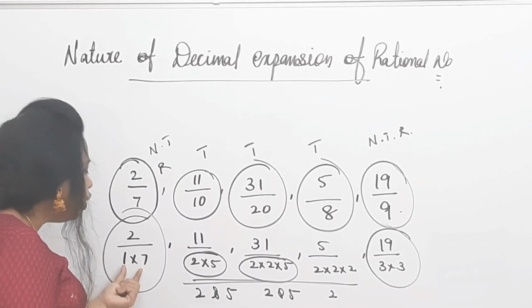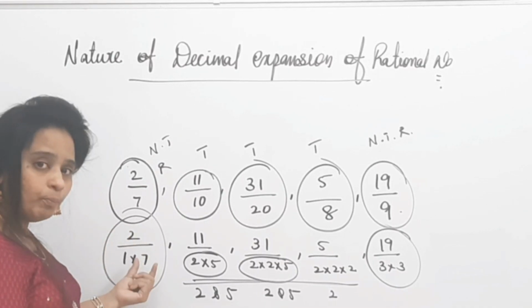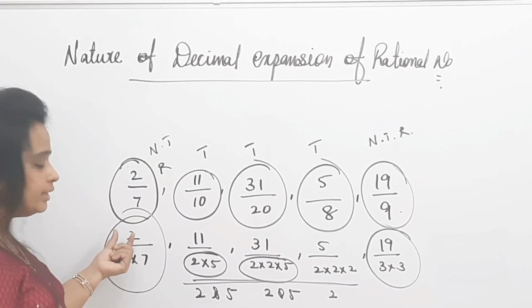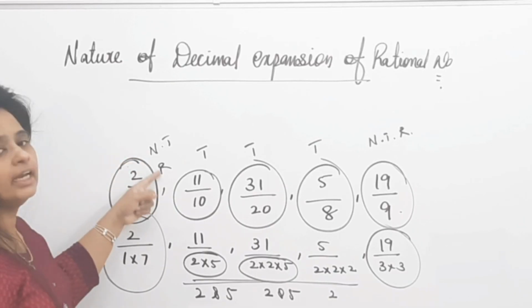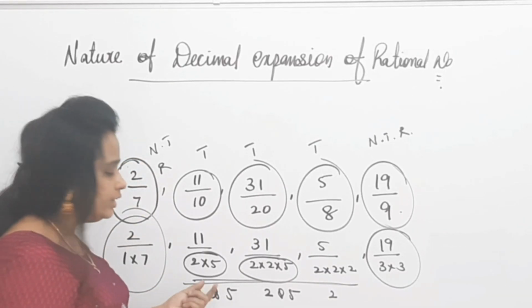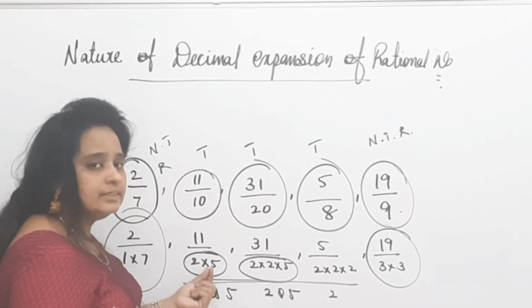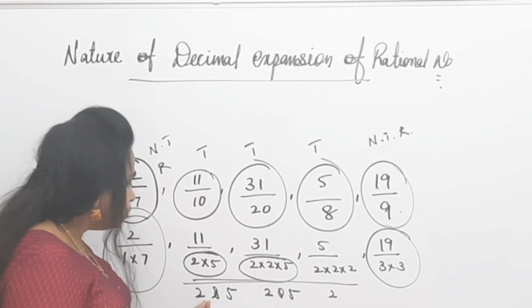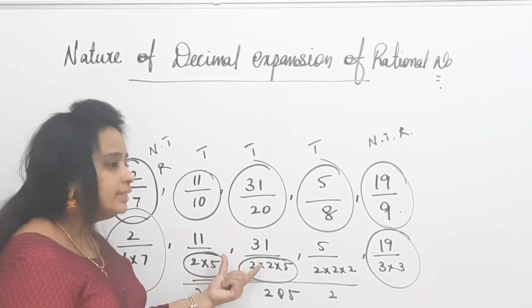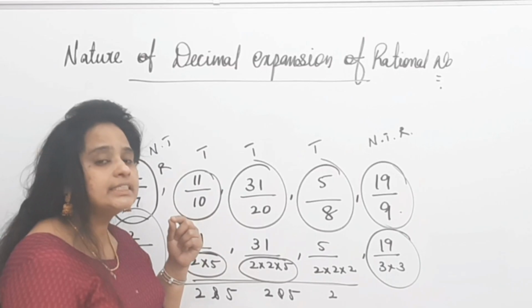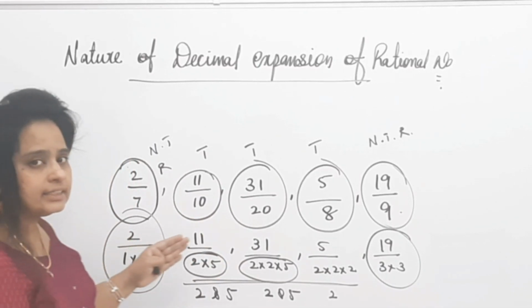But when the denominator has neither 2 nor 5, then we can say that rational number is non-terminating recurring. Otherwise, if the denominator's factors consist of the prime numbers 2 or 5 or both, we say that this rational number has a terminating decimal expansion. So I hope everyone understands this.